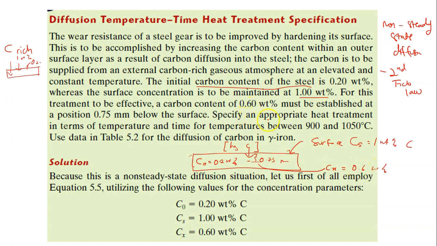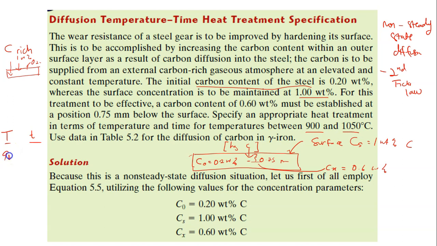And then specify an appropriate heat treatment in terms of temperature and time for temperatures between 900 and 1050. So it asks you to actually come up with, or maybe propose, a set of temperature and time. So this is your temperature and this is your time.